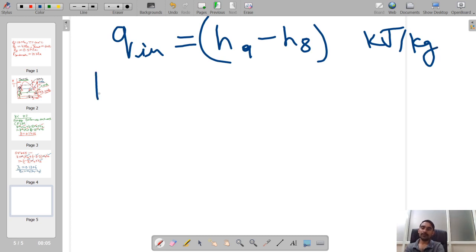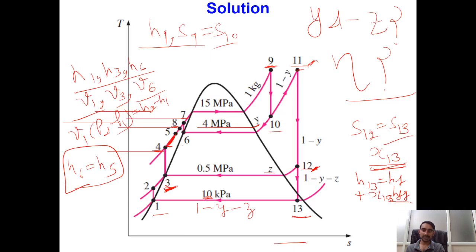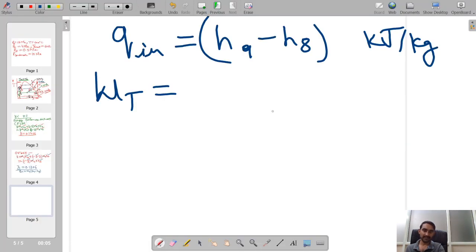Now if I have to find out the turbine work, if you see the process inside the first high pressure turbine, the enthalpy was changing from point number 9 to point number 10, and total mass was entering. Say if total fraction is 1, so it means 1 into H9 minus H10.